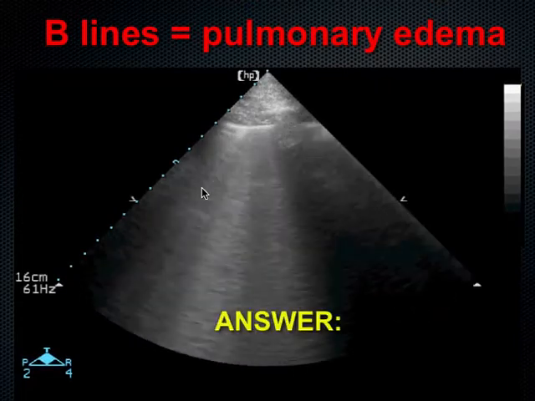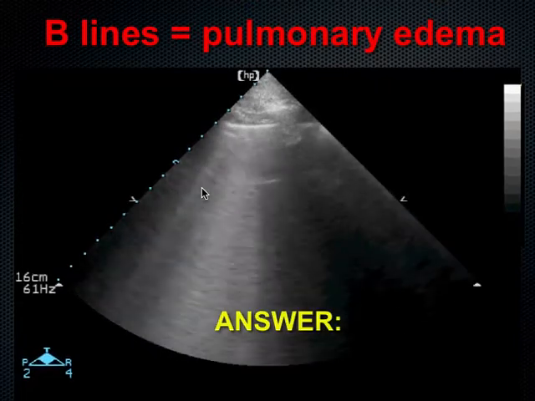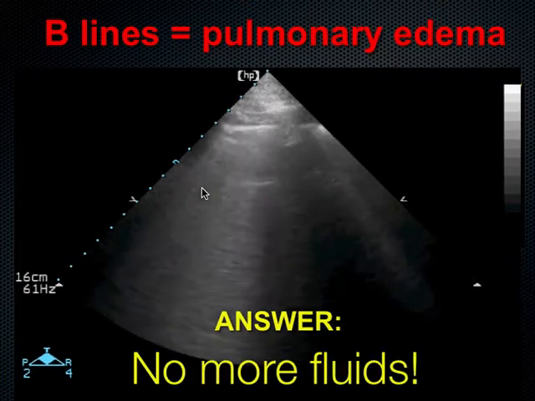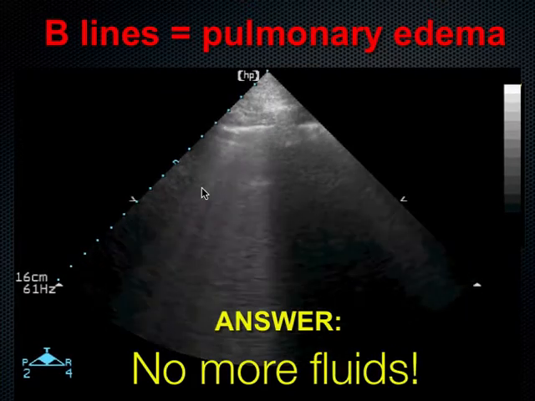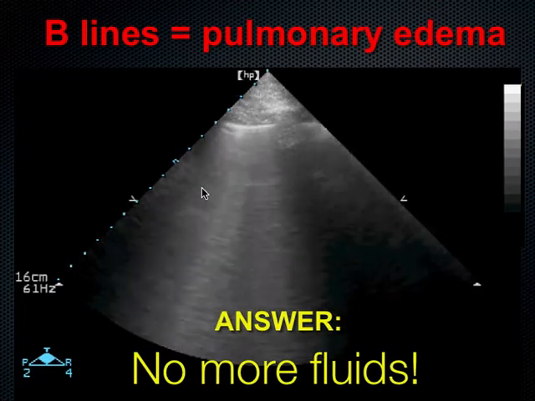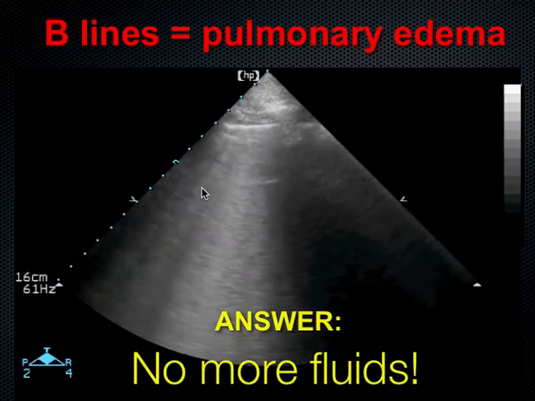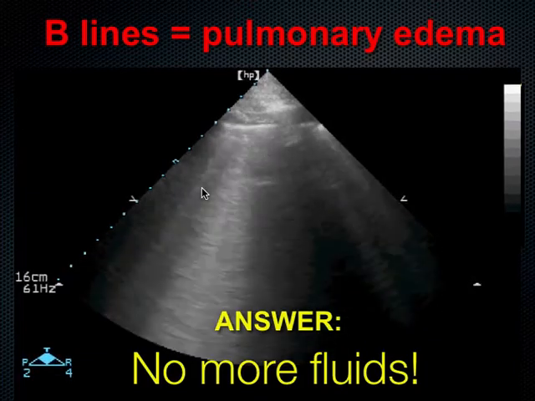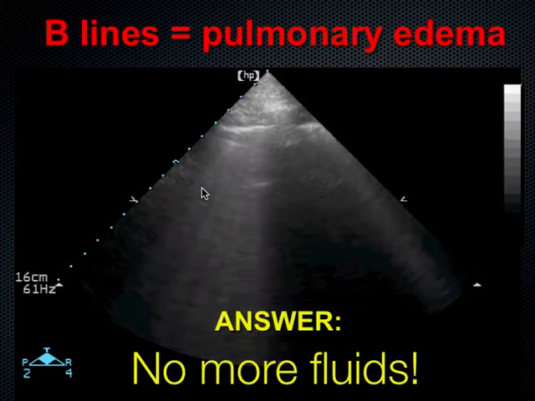So that's our answer: the main thing is not to give this patient any more fluids, because their heart cannot tolerate any more fluids. It can't keep up with it, and now the fluid is being put out to the lungs, which is why the patient is having so much respiratory distress.